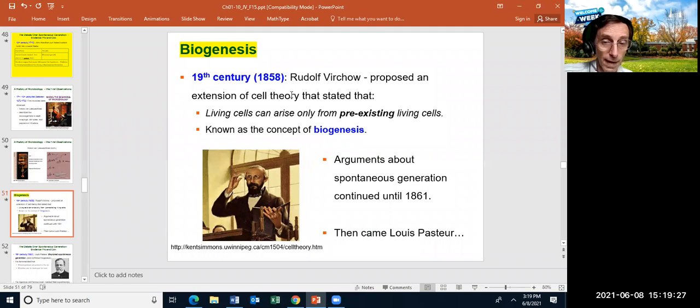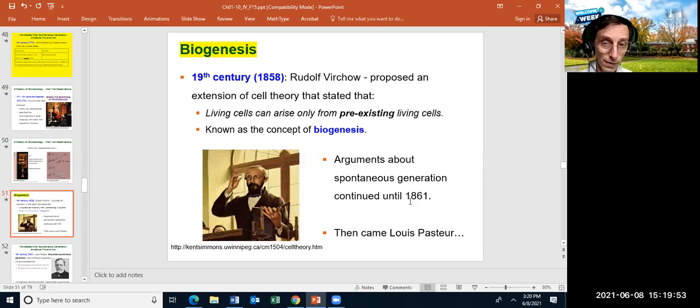However, at this time, people were still arguing that microorganisms could arise by spontaneous generation, and who finally ended the belief that microorganisms could spontaneously generate was Louis Pasteur.